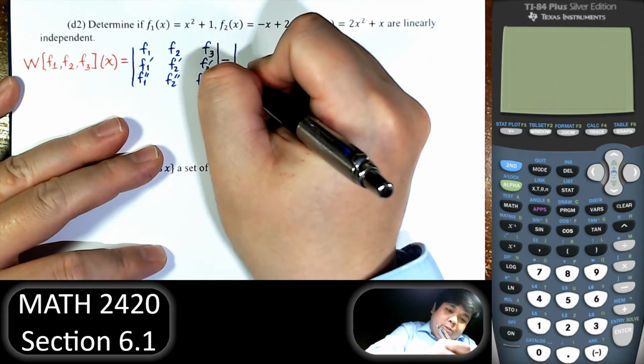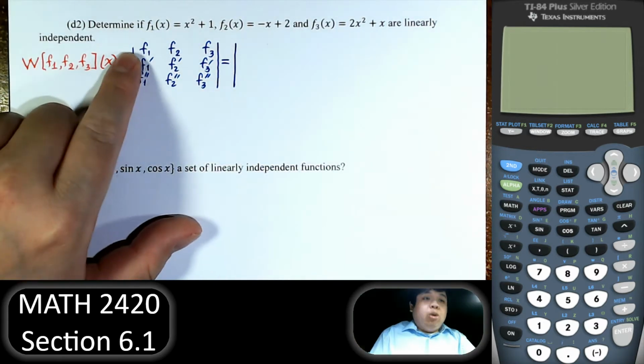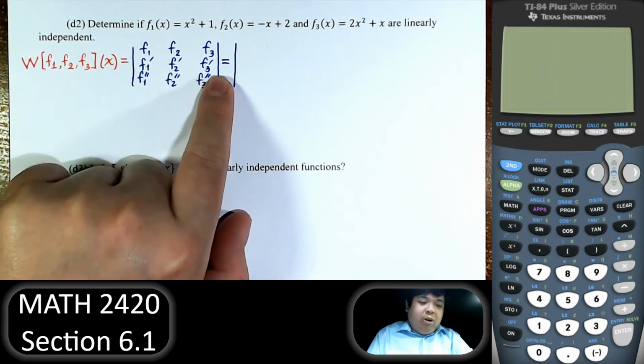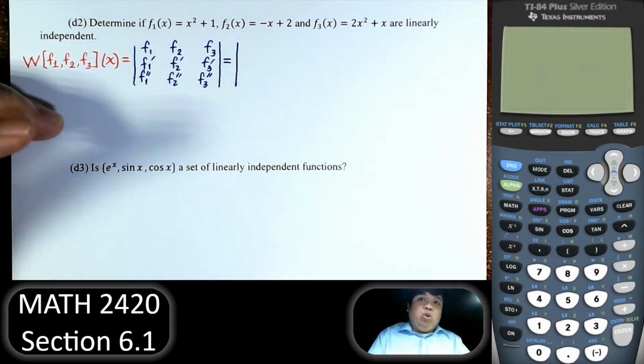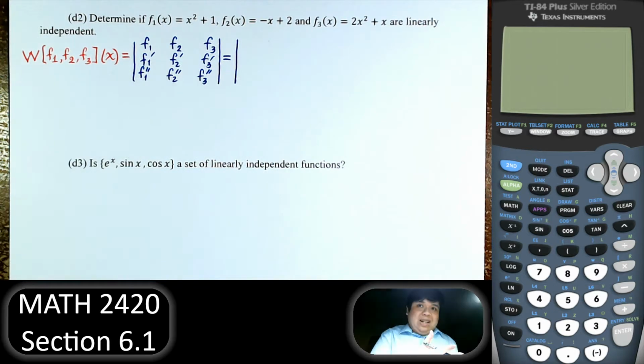Now we will write out the functions. So on the function, the derivative, and the second derivative, that makes a 3 by 3 matrix, and we find the determinant. That gives us the Wronskian.